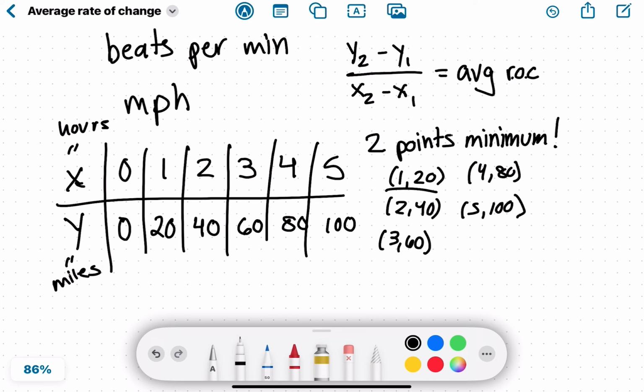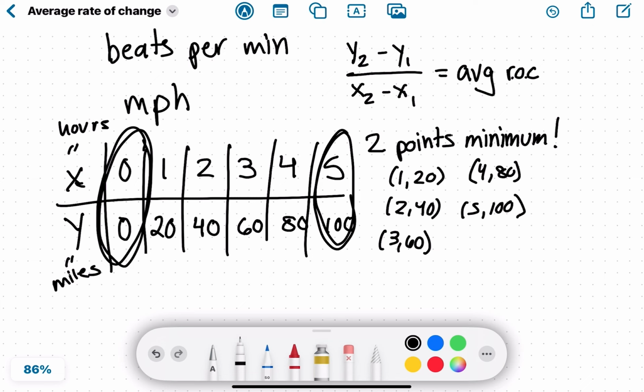So you could pick this one and this one, this one and this one. They don't have to be next to each other. Doesn't really matter. However, it helps in more cases than not to use the starting point and the ending point.